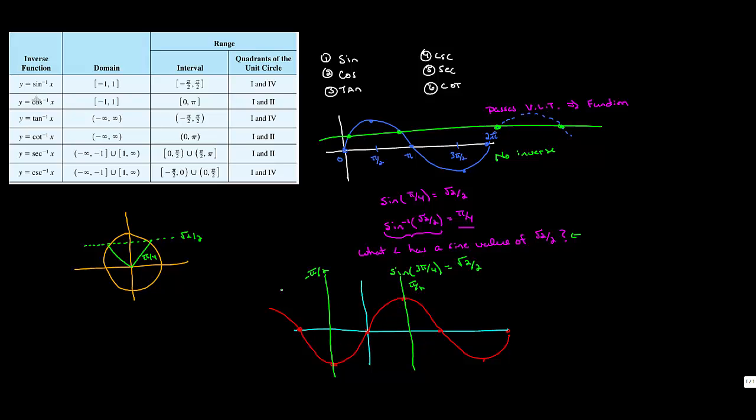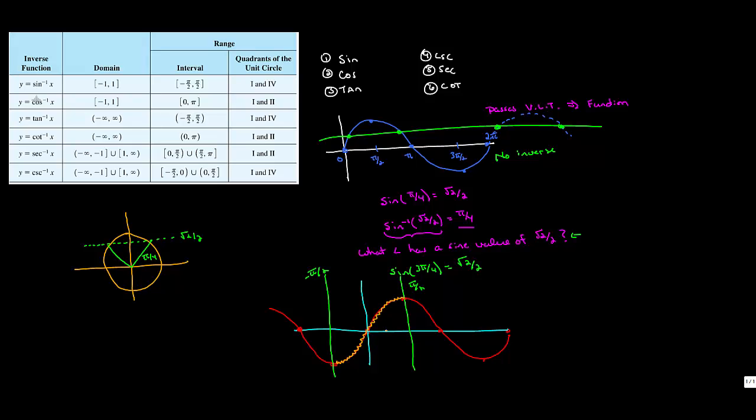Now what you'll notice is in that area, I'm going to grab a different color here, on this area right here, the sine curve is 1 to 1. It does pass the horizontal line test.